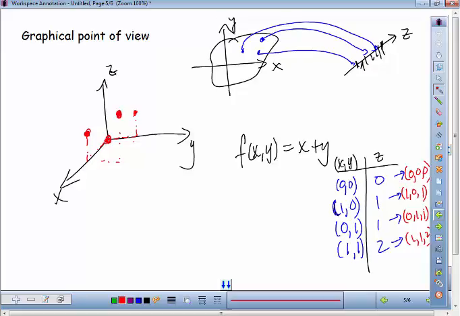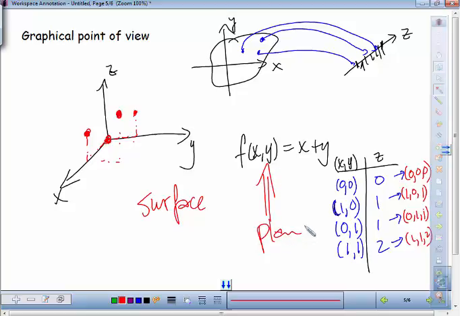And remember, when you put in an input, you get a unique output: vertical line test. If it was solid and you passed a vertical line through it, you'd be hitting more points than just exactly one, or at most one. Okay, so it has to be a surface. All right, so let's establish that this is going to be a surface. And in this particular example, this surface happens to be a plane. And you know why?